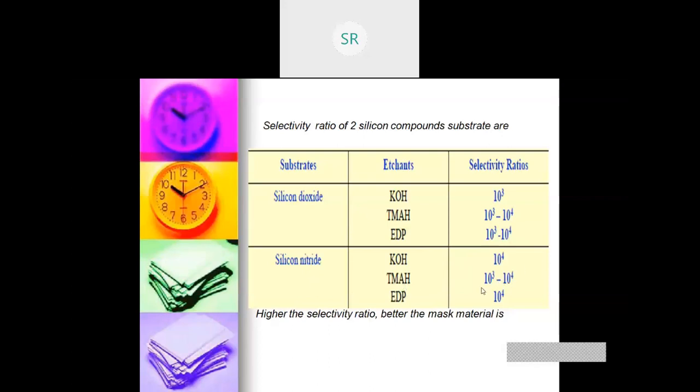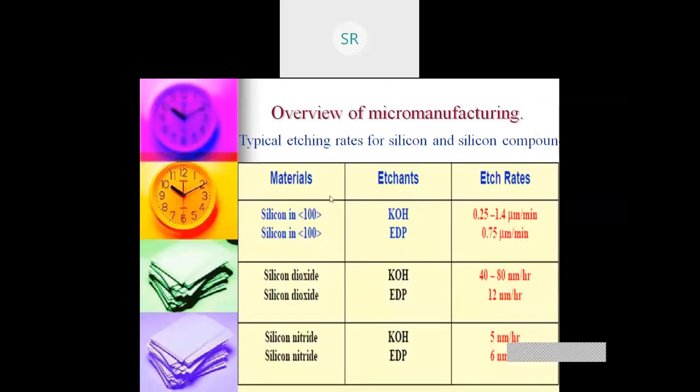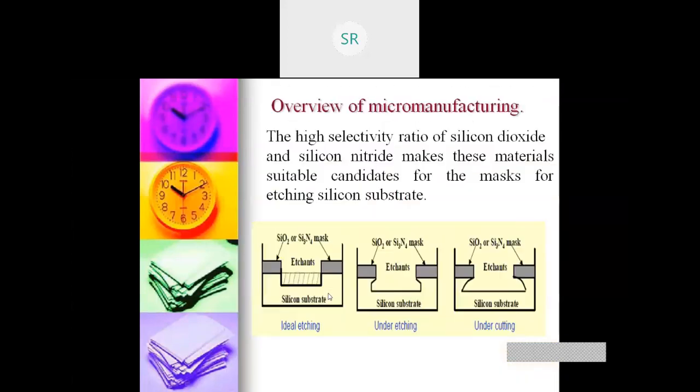So what I can conclude here is, the higher the selectivity ratio, the better the mask material is. That means if I am going for wet etching with silicon material, silicon dioxide and silicon nitride can be used as the masking material. You can see the example here.